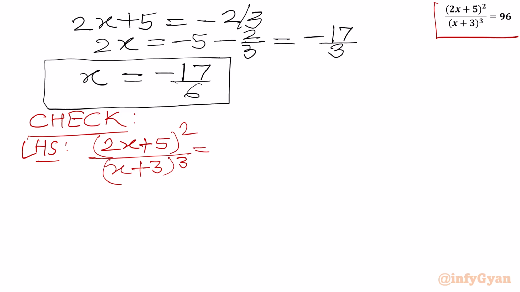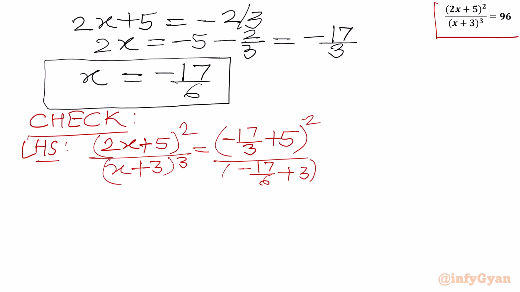This will be equal to, 2x will be minus 17 over 3. So I will write directly (minus 17 over 3 plus 5) whole square as numerator over (x plus 3), so (minus 17 over 6 plus 3) whole cube will be our denominator.